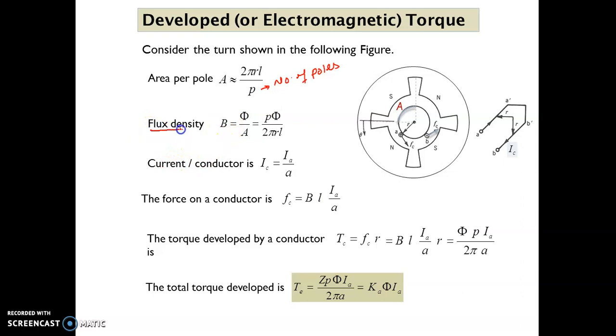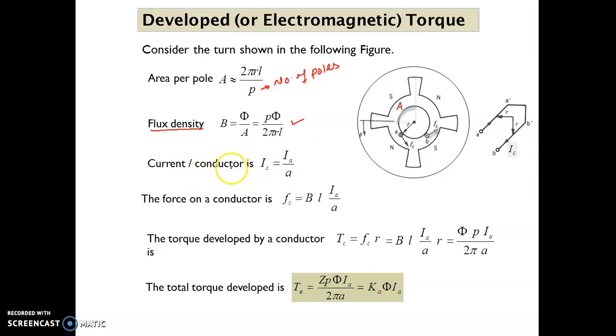Flux density is defined as phi by area. Now put the value of area here, 2 pi r L divided by P, and putting this value of A, you will get this relation.